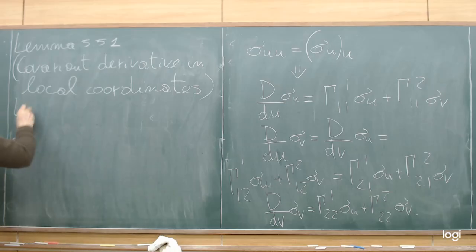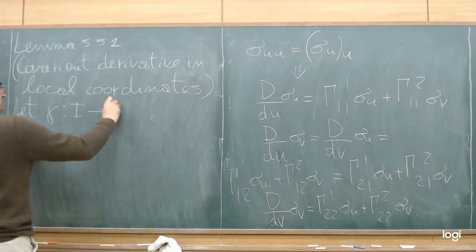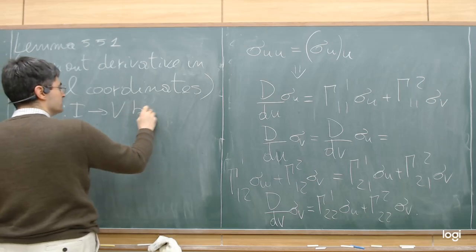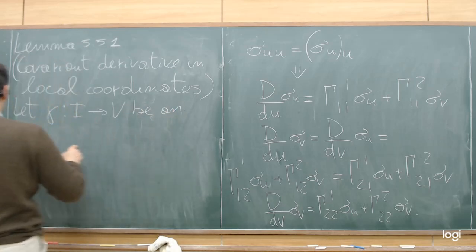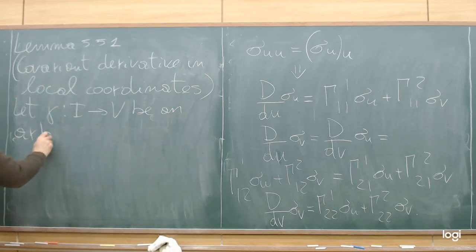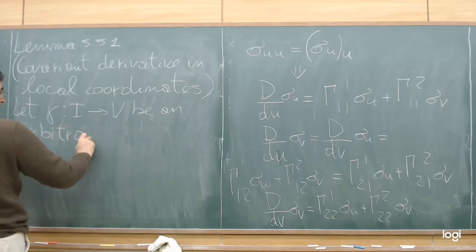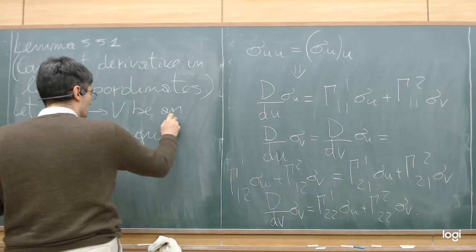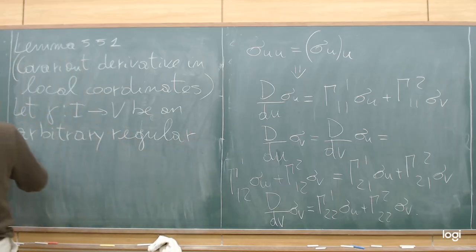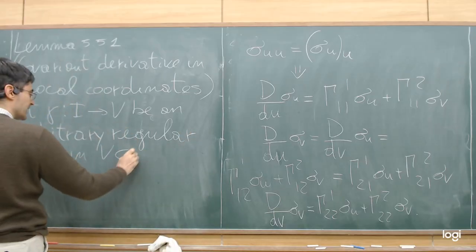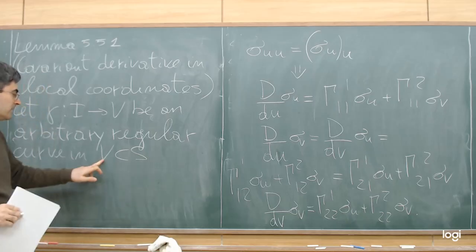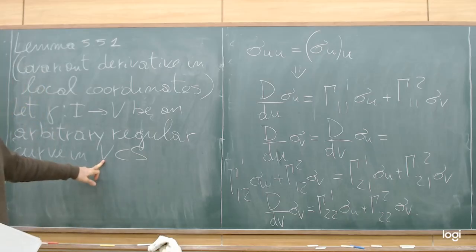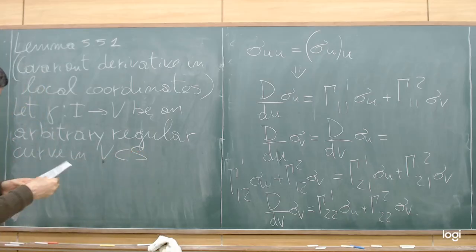So we have an arbitrary curve in V containing S, where V is the image of the surface patch sigma we used before.